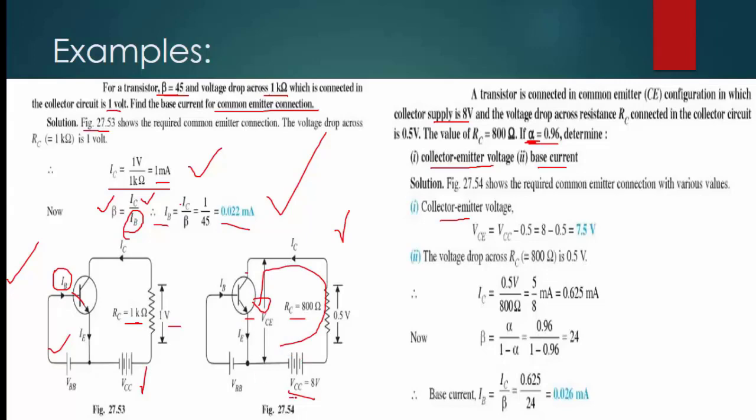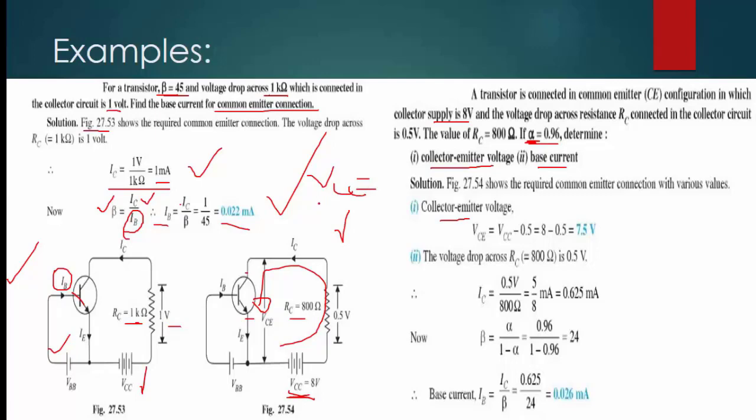Here, we will say VCC, which is 8 volts, is equal to, please go through the Kirchhoff's laws I taught in my lesson, it is very important. If you did not understand, going through that lesson will be very useful to you.